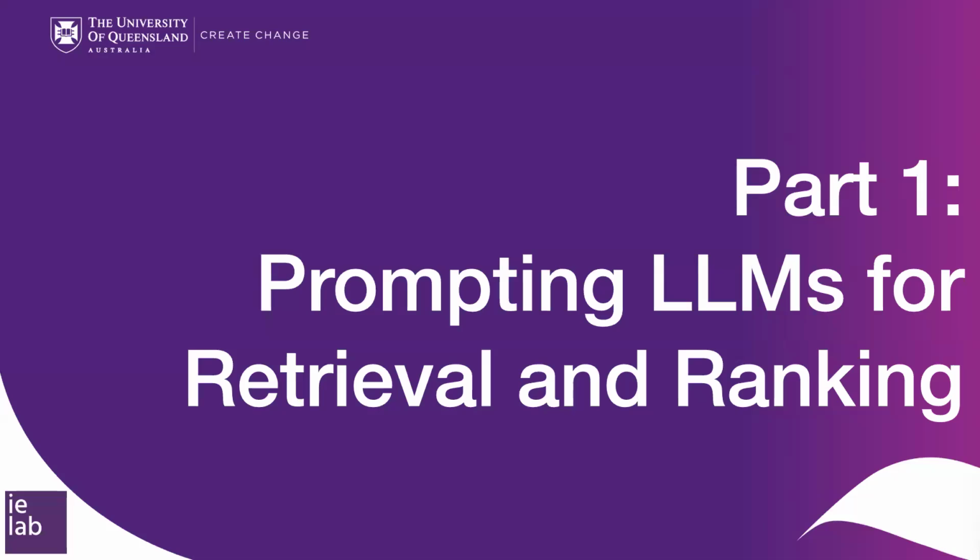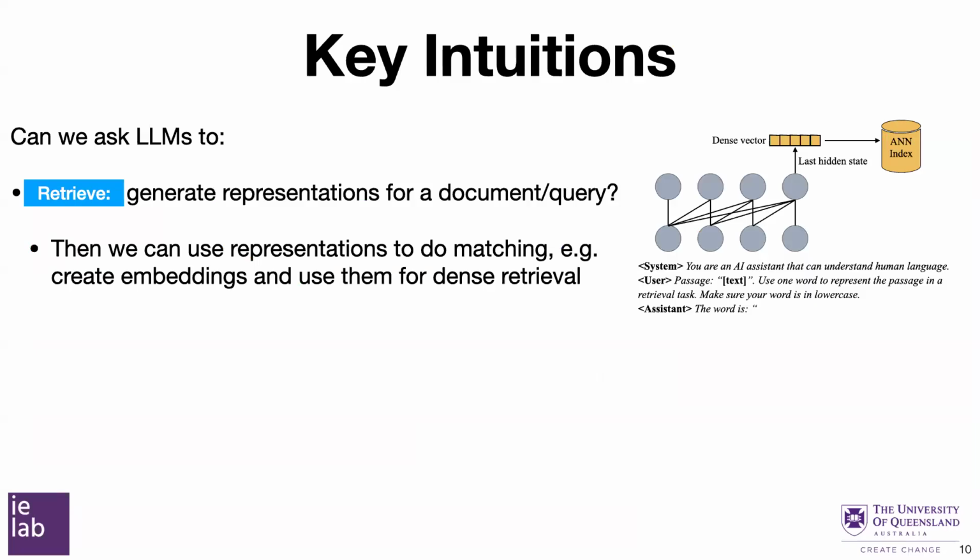Okay, let's start talking about prompting large language models for ranking and retrieval. So let's start from the key intuition. What we are trying to do here is ask ourselves, can we ask the large language model to retrieve documents for us?